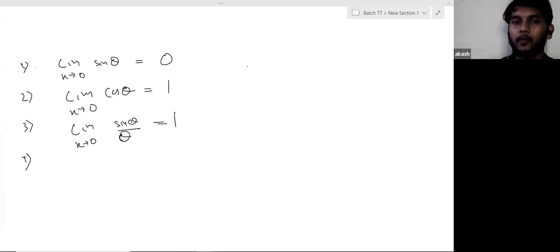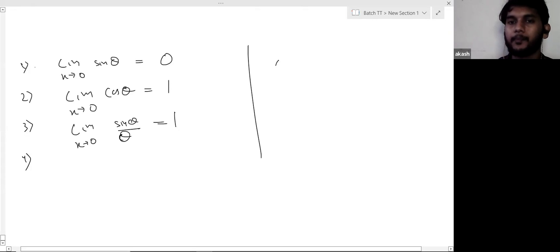What this means is, whatever value you have as the angle of sine, if it is divided by the same value, then the answer is 1. For example, limit x tending to 0 sine 9x upon 9x. This is also 1. This thing is clear?